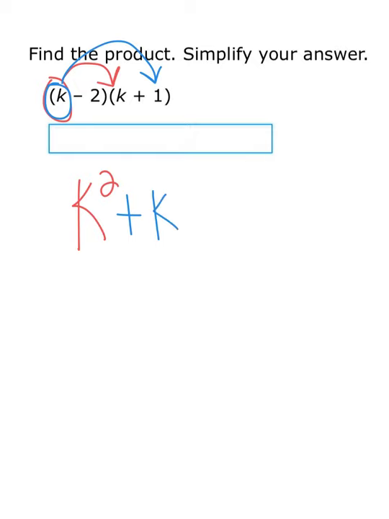And then I'm going to move to the second term. Negative 2 times k would be negative 2k. And then the very last terms, negative 2 times positive 1 would be negative 2.